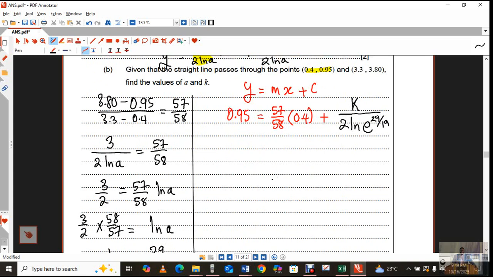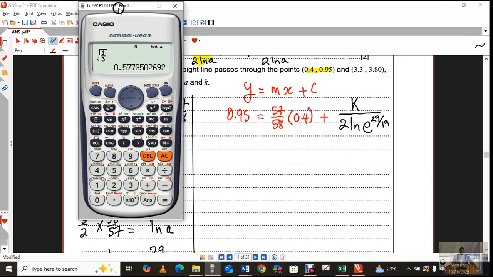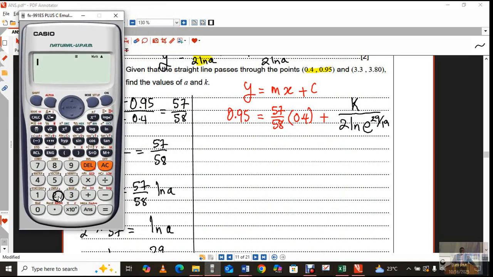Right, so what I'm going to do, I'm going to grab my calculator. I'm going to say 0.95, which is this one here. Because this is a term that is positive, I'm going to bring the whole of this term over by subtracting 57 over 58 multiplied by 0.4.